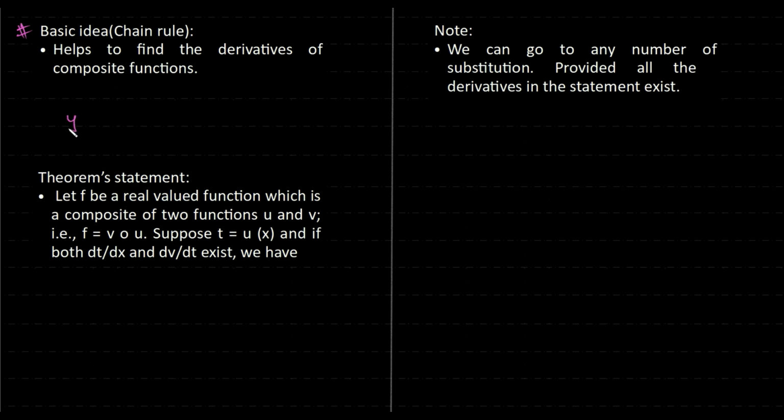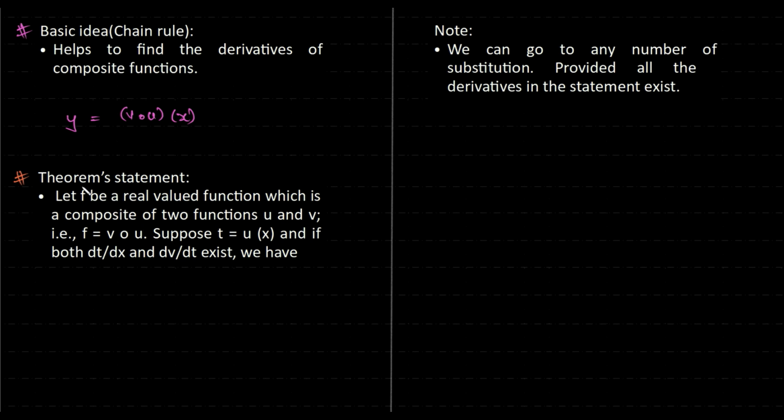So if I have y, which is a composite of v of u of x, it's made up of two different expressions. If I want to find the result of that, I can use our chain rule. We're going to see more complicated questions on this. This was a very simple one, to be honest.